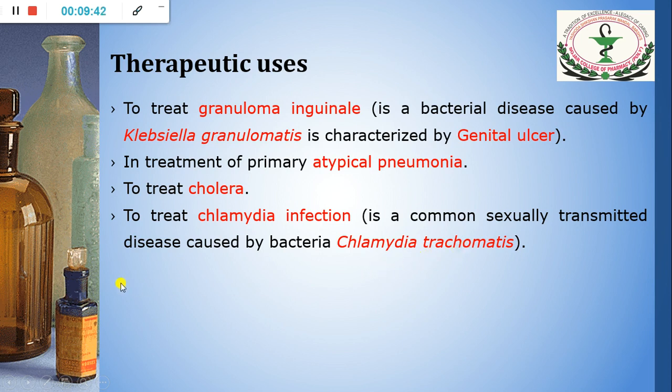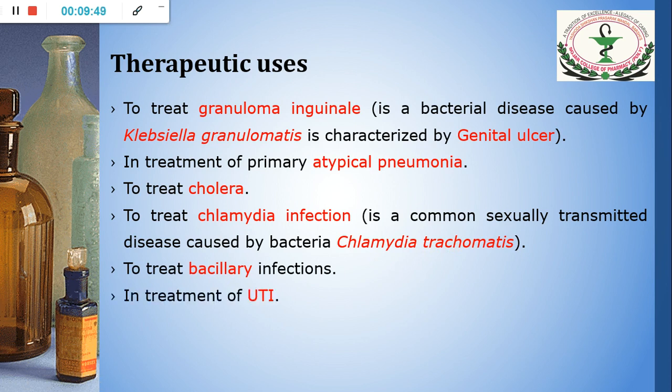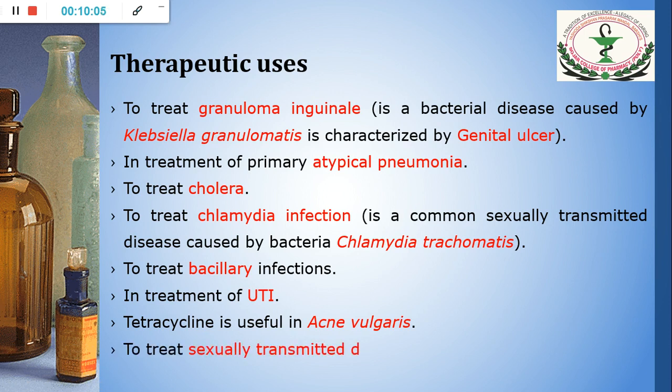To treat bacillary infection, and in the treatment of urinary tract infection. Tetracycline is also useful in acne vulgaris, that is for the treatment of pimples. Acne vulgaris develops pimples in youngsters. It is also used to treat sexually transmitted diseases like gonorrhea and syphilis.